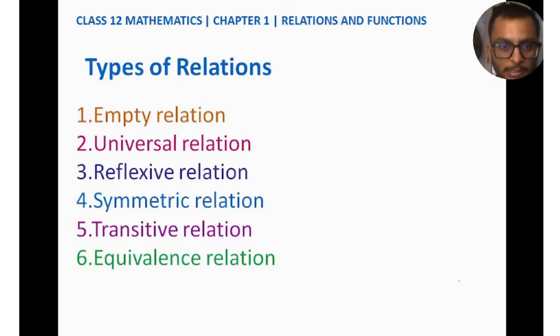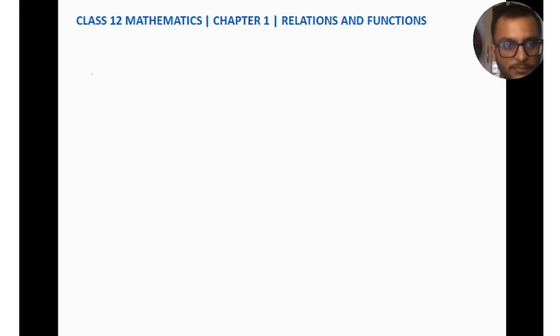So let's move ahead. Now there are 6 types of relations: empty relation, universal relation, reflexive relation, symmetric relation, transitive relation, and equivalence relation. We will do the definition of each relation one by one. So what is the first, empty relation?